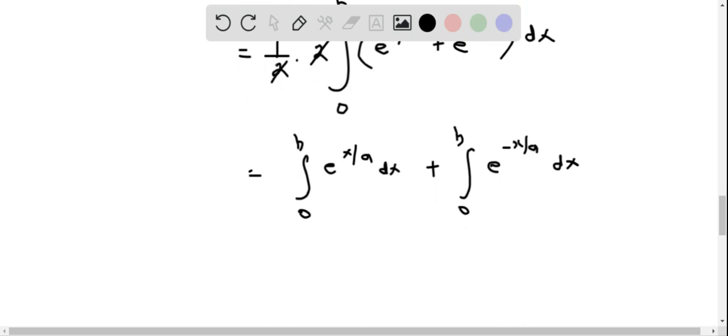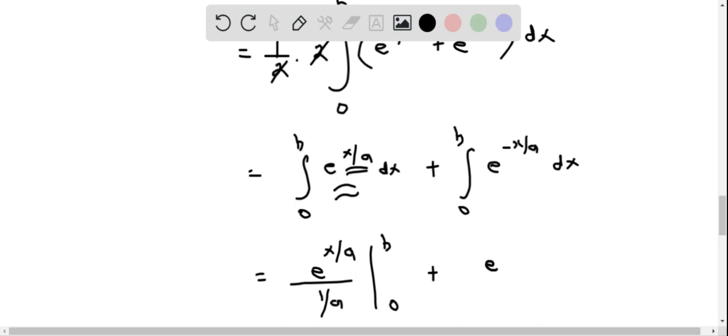Now we will integrate this expression. Integration of an exponential expression is e raised to the power of x by a divided by the differential coefficient of x by a, which is 1 over a. We have to evaluate between 0 to b, plus similarly this will be e raised to the power of negative x by a divided by the differential coefficient of negative x by a, which is negative 1 by a, and we have to evaluate between 0 to b.